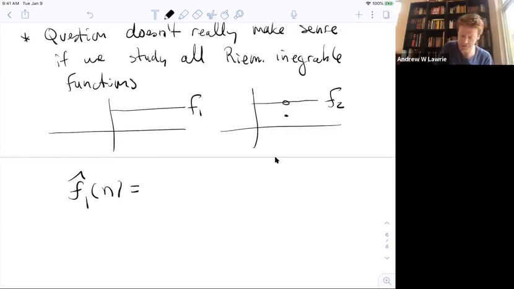So the Fourier coefficients for f1 are given by the integral. I guess the short answer is specific to the question of Fourier series converging. And I claim that these two functions have the same Fourier series. So this is the integral of e to the minus i n x, f of x dx.